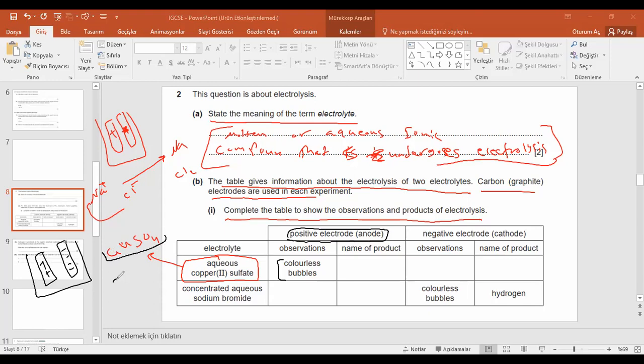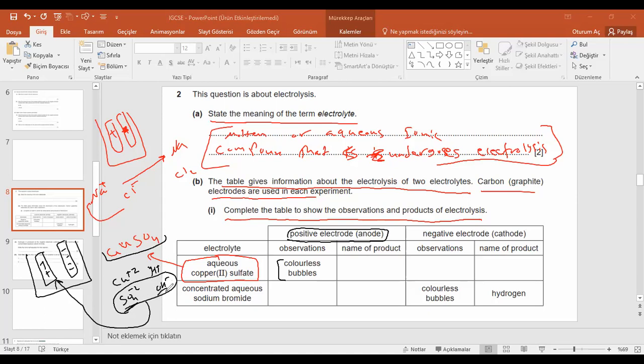CuSO4 aqueous. That means we have Cu2+ and SO4 2-. We have H+ and OH- from water. To the anode, these two negative ions will be attracted, OH- and SO4 2-.